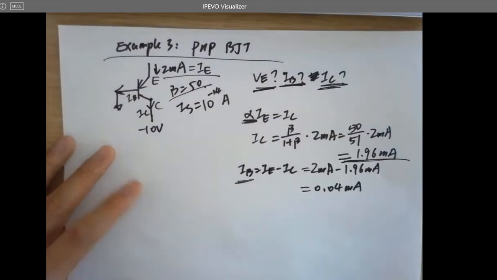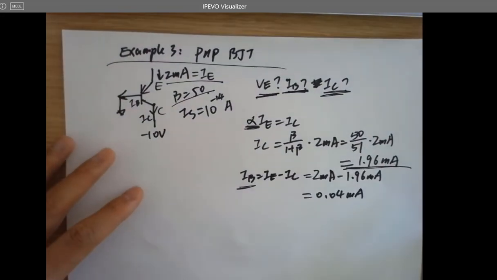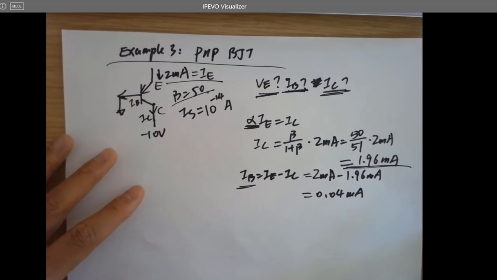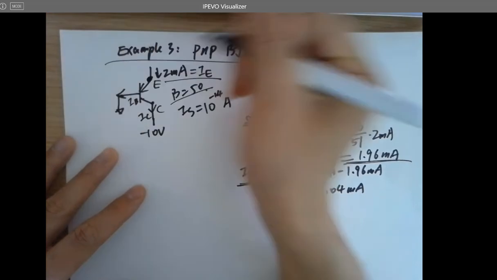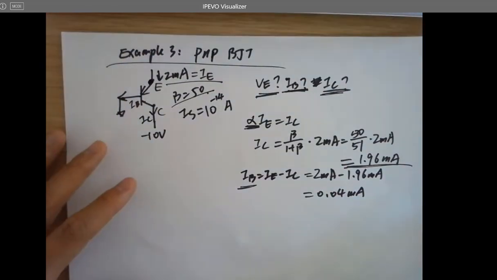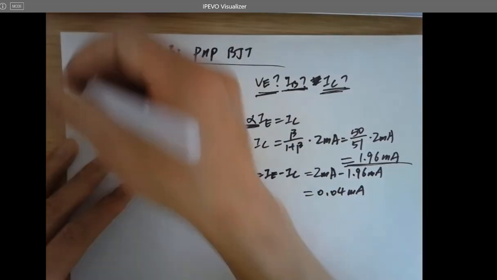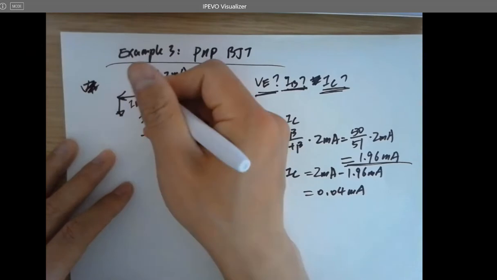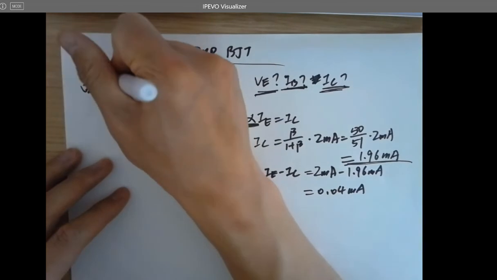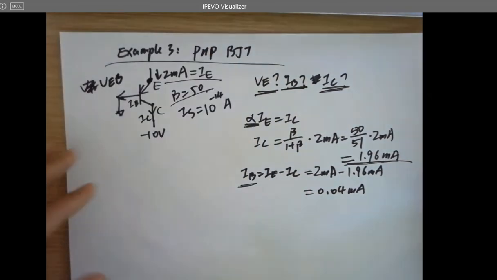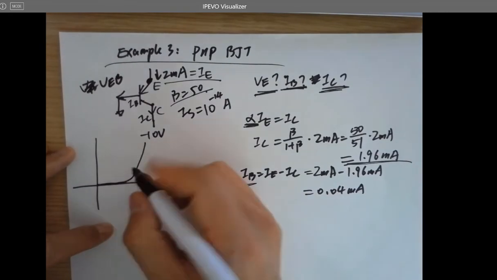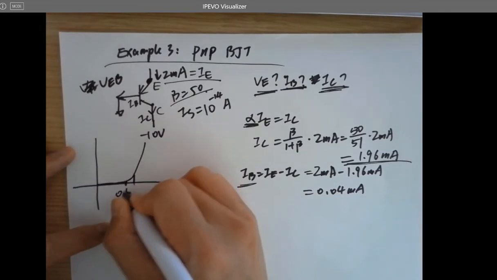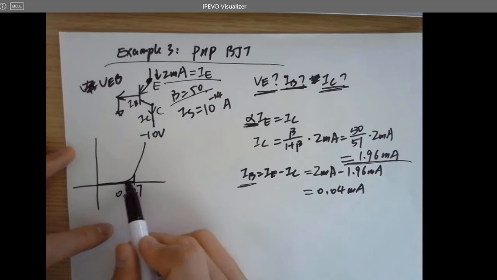So VE, what is VE? The voltage at this point compared to the ground. The base is actually grounded, so VBE, for the PNP, is going to be VEB. So VEB has to be larger than the threshold voltage to turn it on, right?